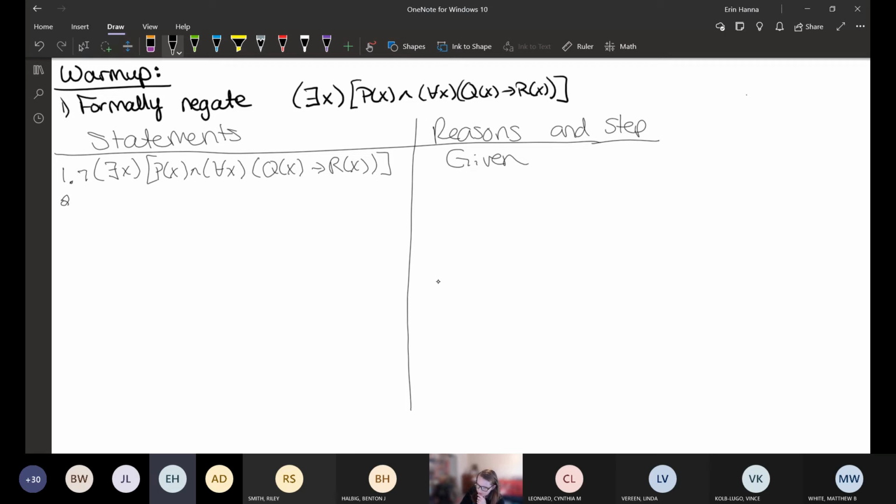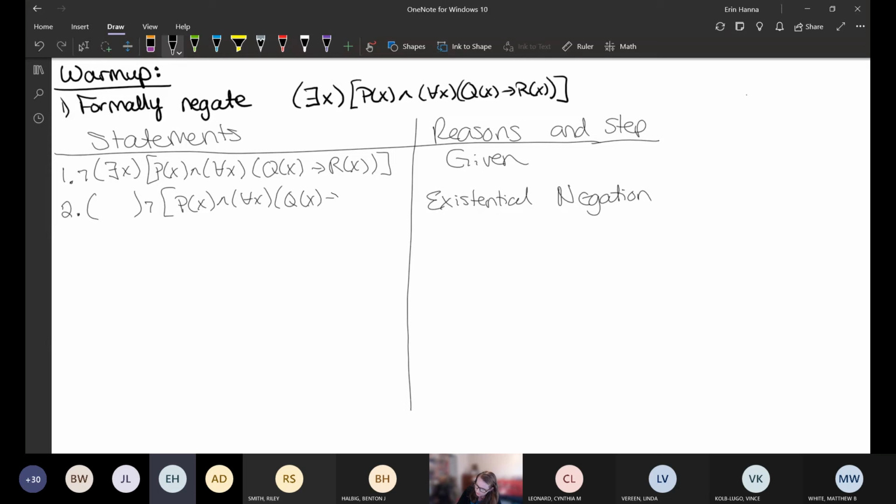So remember, these all follow a very common process. The first thing is we're always going to use one of our negation rules. In this case, since we're bringing it inside of an existential, it's going to be an existential negation. Remember, what that does is it brings the negation inside the quantifier.